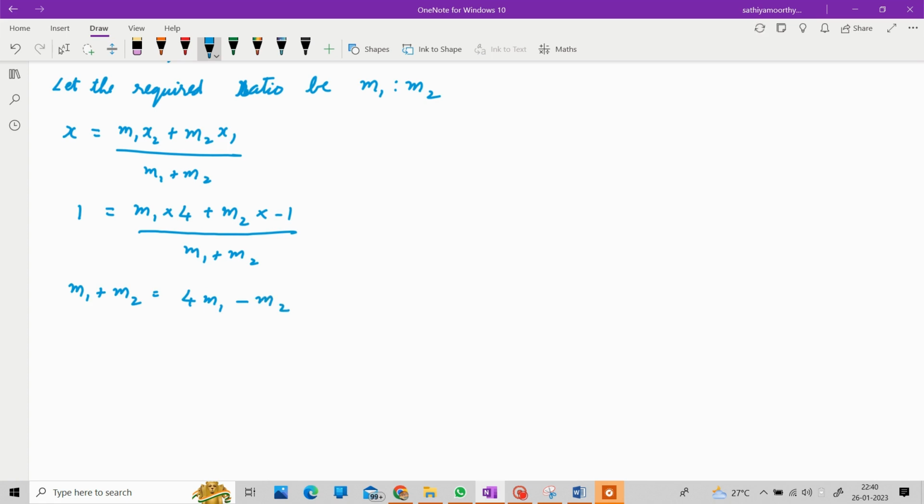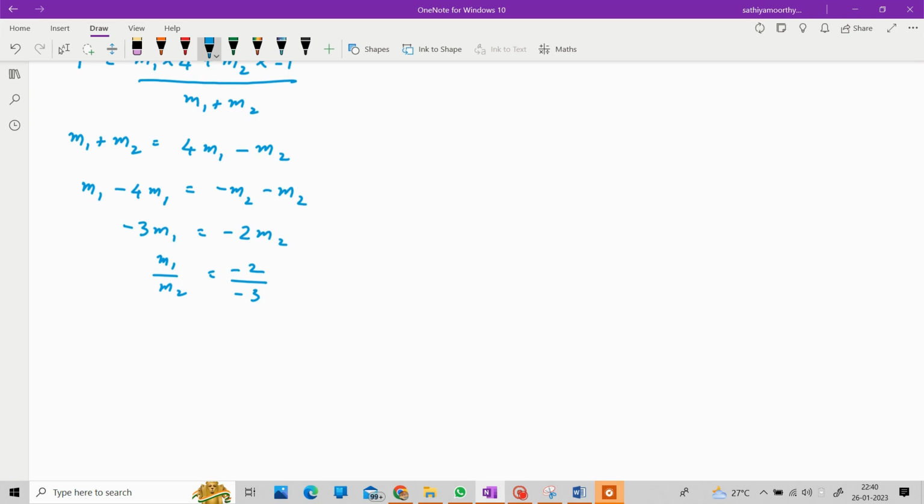Now let me bring the m1 to one side and m2 to the other side. If I bring this to the left hand side, m1 minus 4m1 is equal to minus m2 minus m2. Here it becomes minus 3m1 equals minus 2m2. m1 by m2 is equal to minus 2 by minus 3.